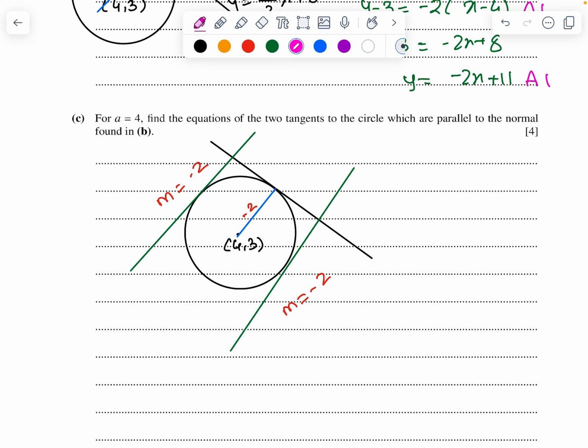What I will do, I will find the equation of this diameter. This diameter will have a gradient of 1 by 2, and it is passing through (4, 3).